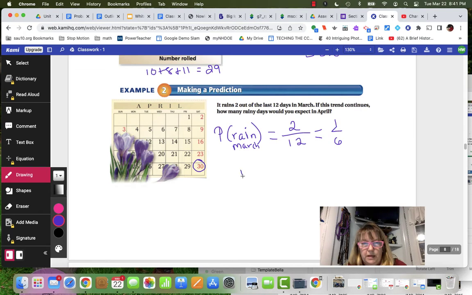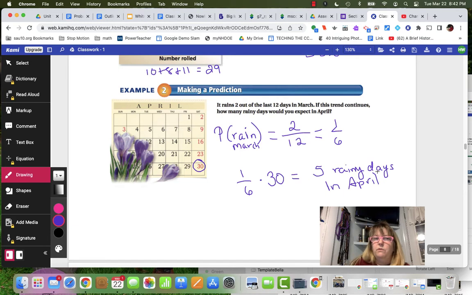So we are going to take 1/6 and multiply that by the 30 days. 30 divided by 6 is 5. So it will rain perhaps 5 rainy days in April. So that is our prediction.